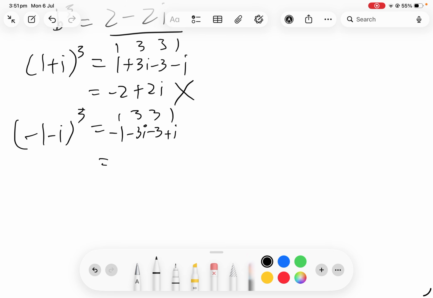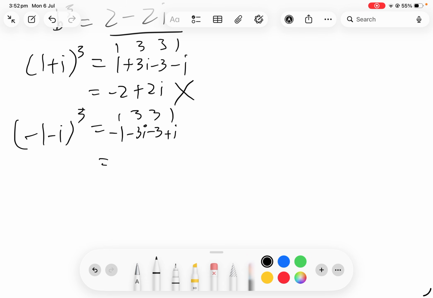Okay, so the first term, do we know it's right? Yes, we do. There should be one negative 1, and that's correct. There should be two negative i's, so that should be negative i squared times negative 1.